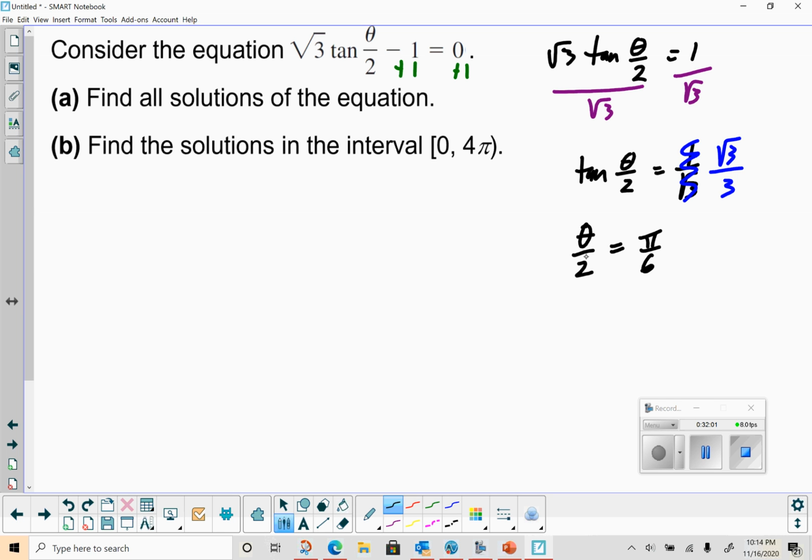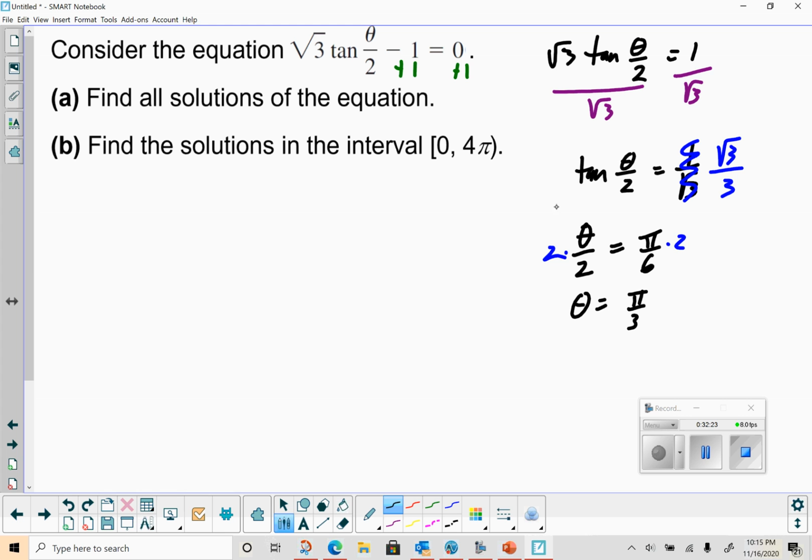But unlike what we did with the last one, this isn't a multiple of theta. This is a subdivision of theta. We have to multiply both sides by 2 to say then that theta is equal to 2 pi over 6, which is the same thing as pi over 3.